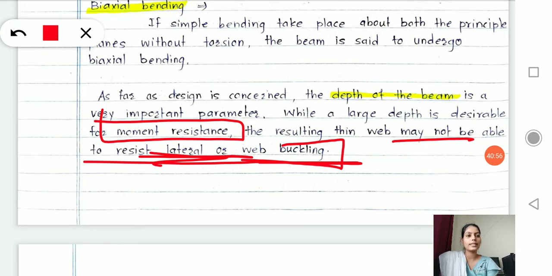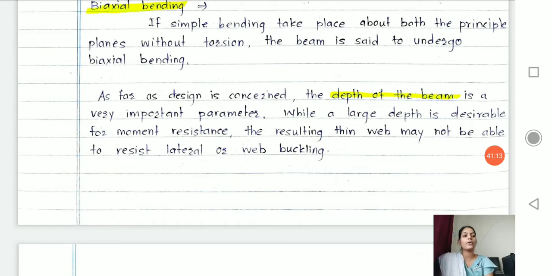Similar things will happen here. If we increase one dimension irrespective of the thickness, it will end up slender and may result in buckling. So these are the few concepts and fundamental things regarding beam design.